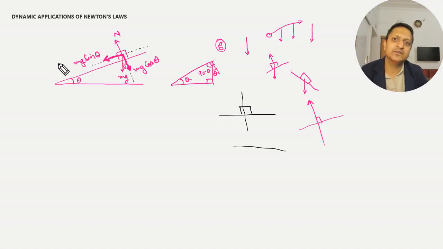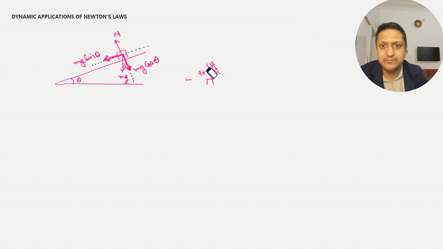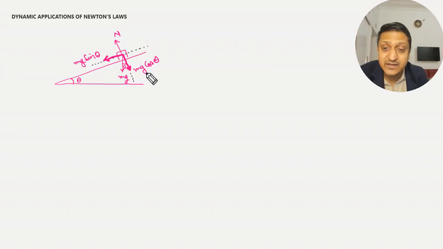This diagram is very important, and you can rub out everything else. Just remember this diagram. You should never make any mistake over this: mg cos theta downward, mg sin theta along the slope.